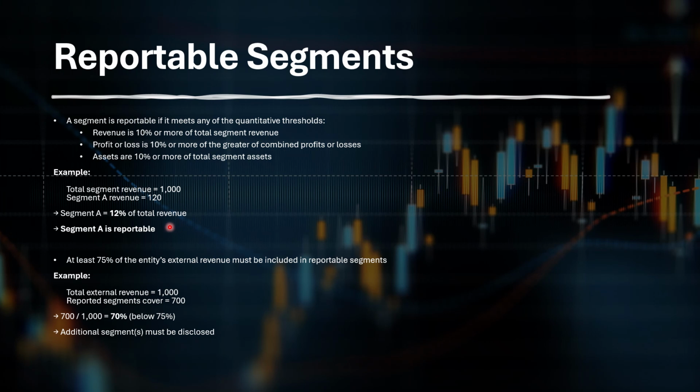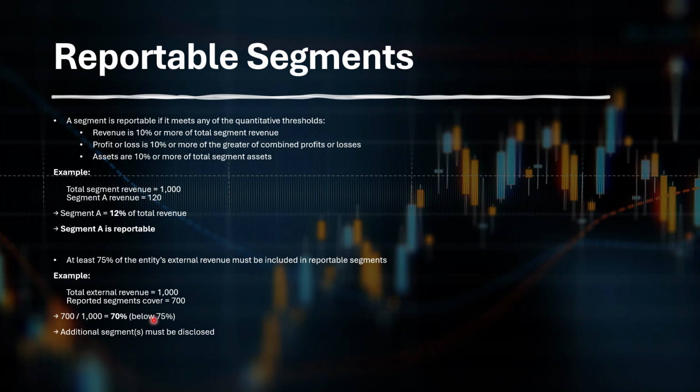And there's also the 75% external revenue rule, which states that at least 75% of total external revenue must be covered by reportable segments. So you see in this example, total external revenue is 1000, but the reported segments have covered only 700. So the percentage calculated is 70%, but the condition says that we have to report at least 75%.